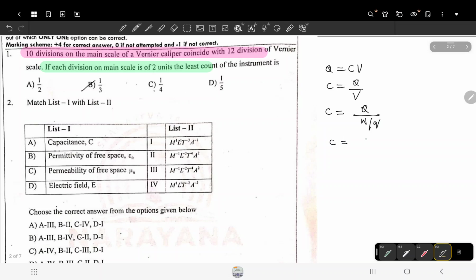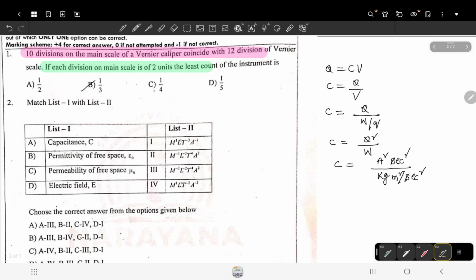Therefore C is equal to Q square by W. Q can be written as current into time, so I can write ampere square second square, divided by work, which you know is kilogram meter square per second square.